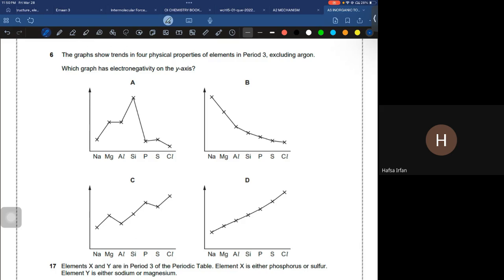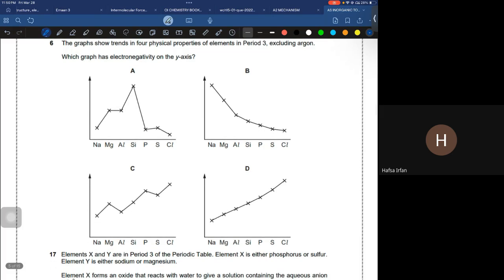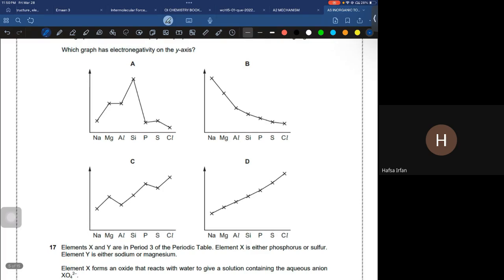D. D for doctor. Which graph has electronegativity on the y-axis? Electronegativity on the y-axis. Chlorine ki electronegativity you are saying is higher.